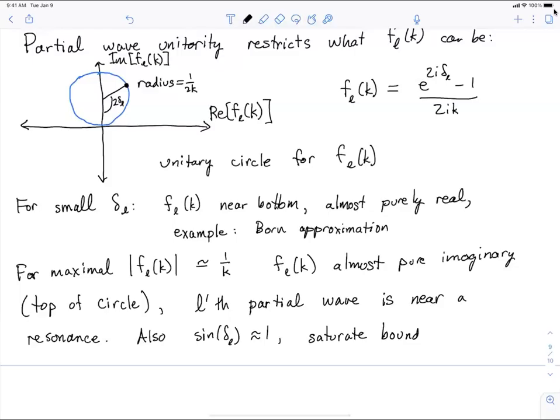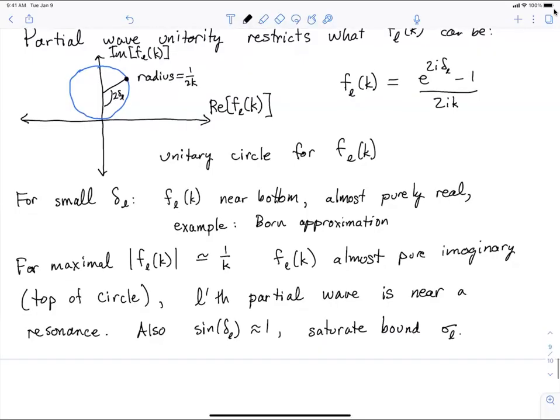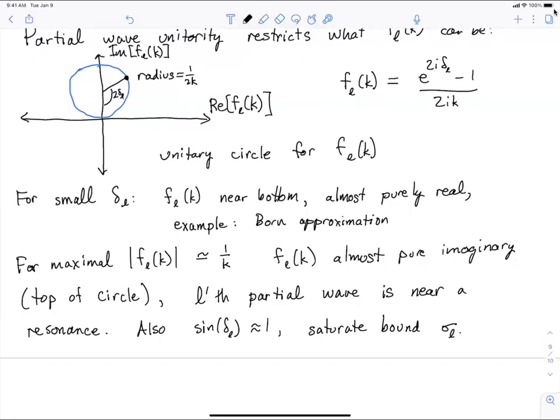So that's saturating the bound on your contribution to the total cross-section. Right, so all of that's saying is that if you're near a maximum possible cross-section in a given value of L, then there's some resonant state that is causing it to happen. And that resonant state, if you work out its angular momentum, will have angular momentum L.